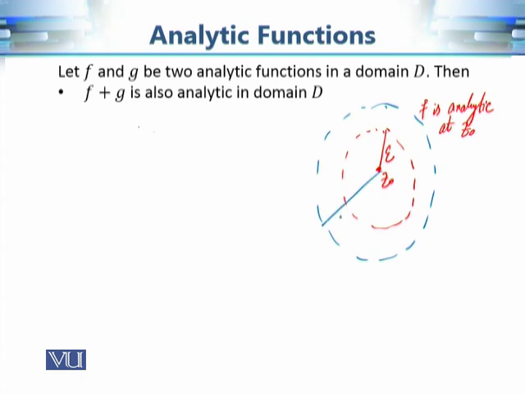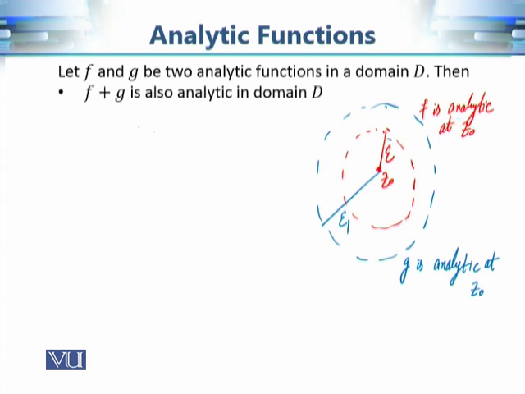Let's call this the epsilon 1 neighborhood. So g is analytic at z0. Now we can say that there exists some neighborhood where f and g both are differentiable.